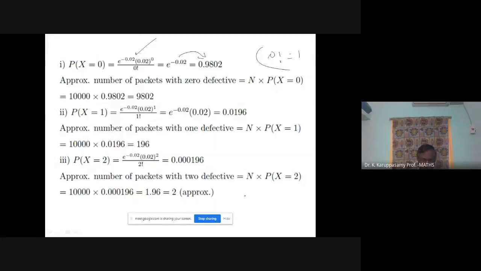Then press opening bracket, within the bracket put minus 0.02, close the bracket.